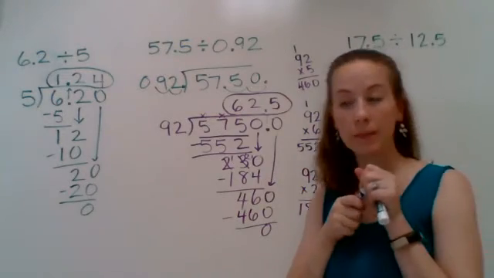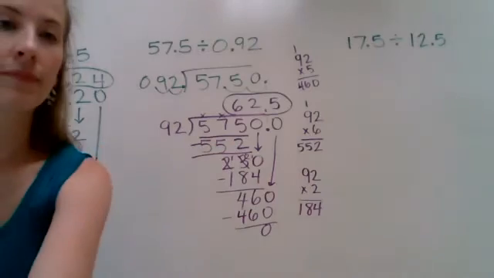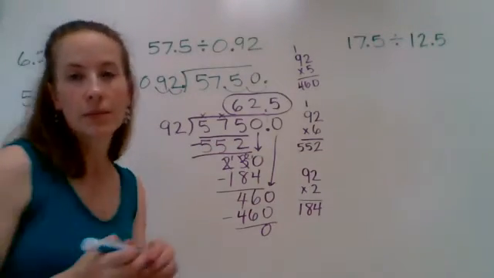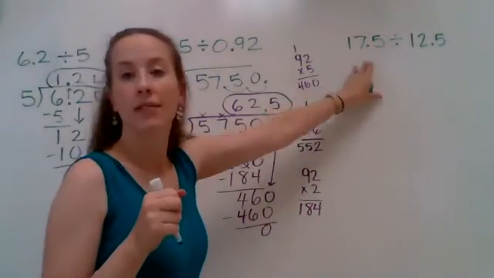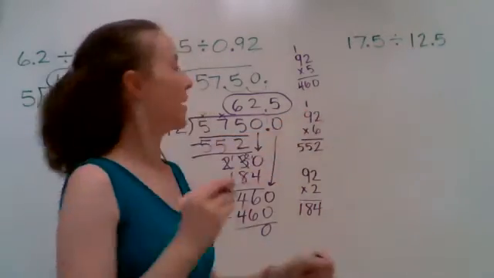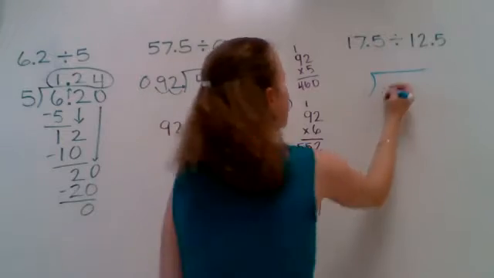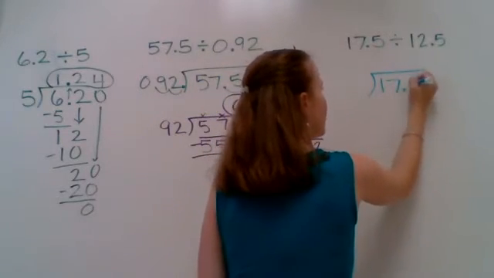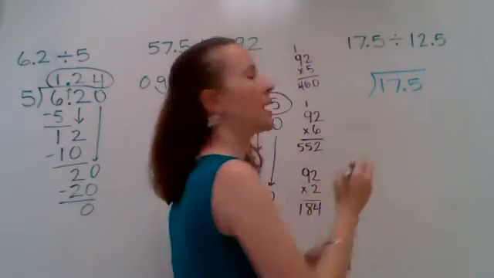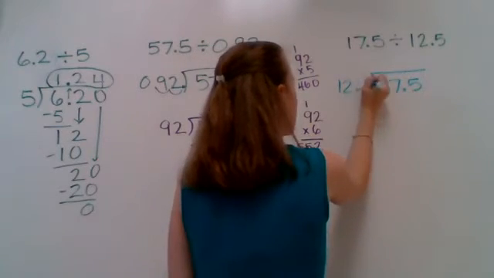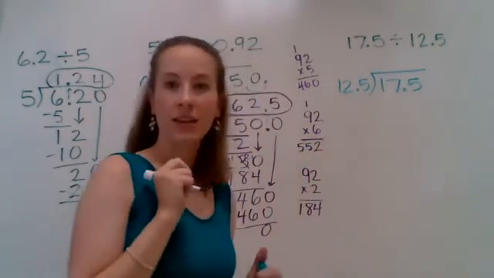Let's try one final problem together. So our last problem today is 17 and 5/10 divided by 12 and 5/10. So let's get our division box. 17.5 is my dividend inside, and 12.5 is my divisor outside.